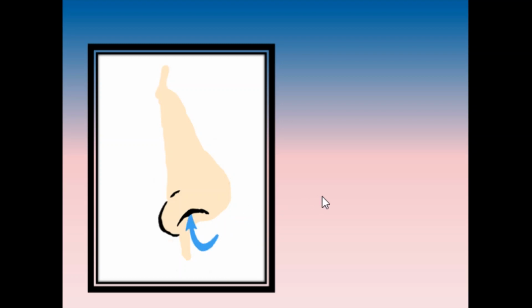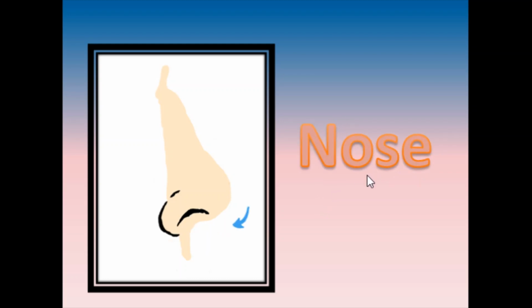Alright, you've learned about our nose, and that the nose is for the sense of smell. Our nose is for the sense of smell, right?